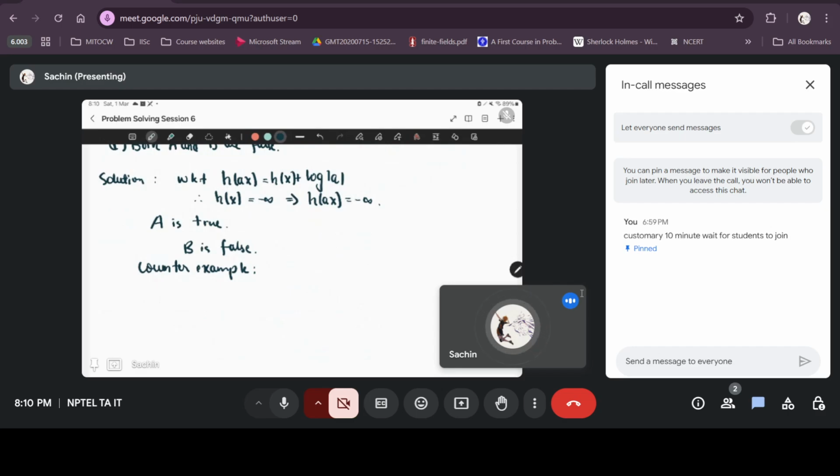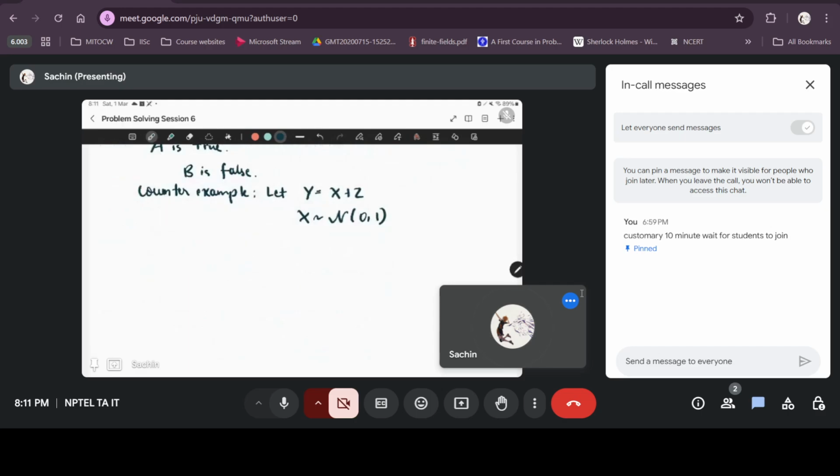So consider a random variable y which is x plus z, where x is distributed according to the normal distribution with mean 0 variance 1. Z is distributed according to the Gaussian distribution with mean 0 variance epsilon. Let x and z be independent random variables.